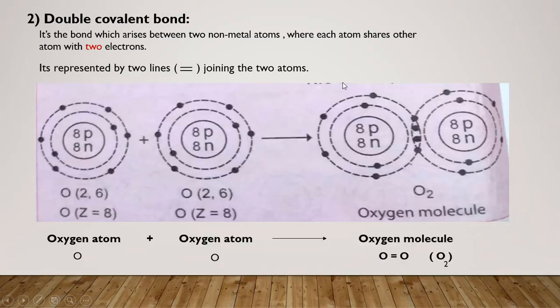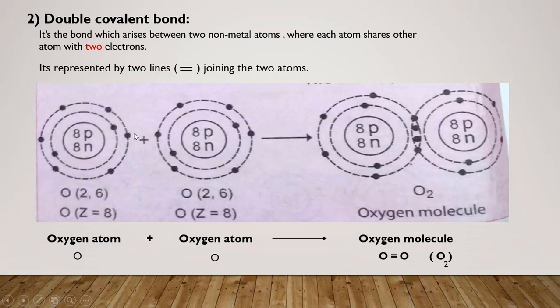The second type of the covalent bond is the double covalent bond, and it's the bond which arises between 2 nonmetal atoms, in which each atom shares the other atom with 2 electrons, and it's represented by 2 lines joining the 2 atoms, like the bond between the 2 oxygen atoms in the oxygen molecule.